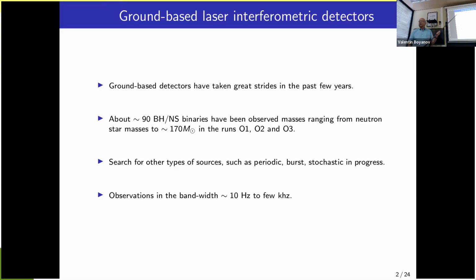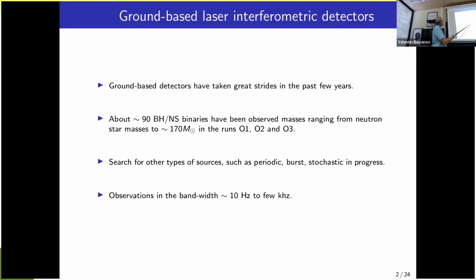And there is the fourth run, which is still going on, and many more have been detected, but those are not yet confirmed. Those are just alerts. So probably another 100 more can be added to this.